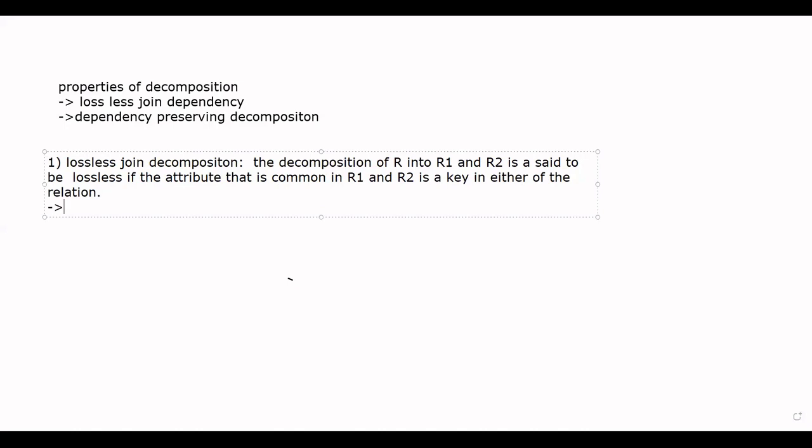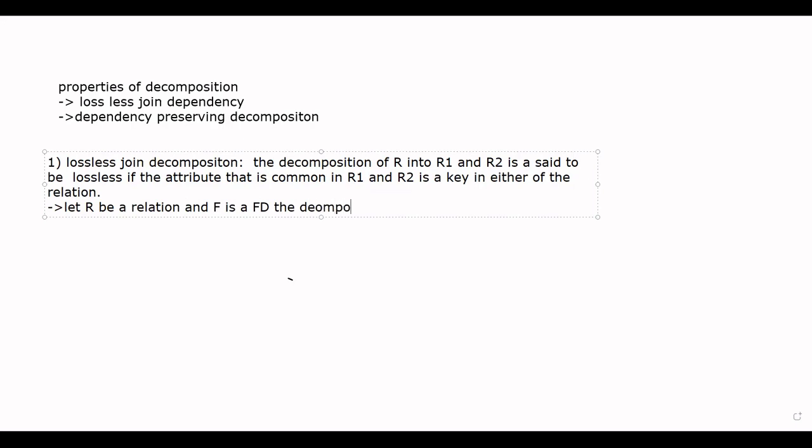One more point right now. Let R be a relation and F is a functional dependency, FD, that is functional dependency.